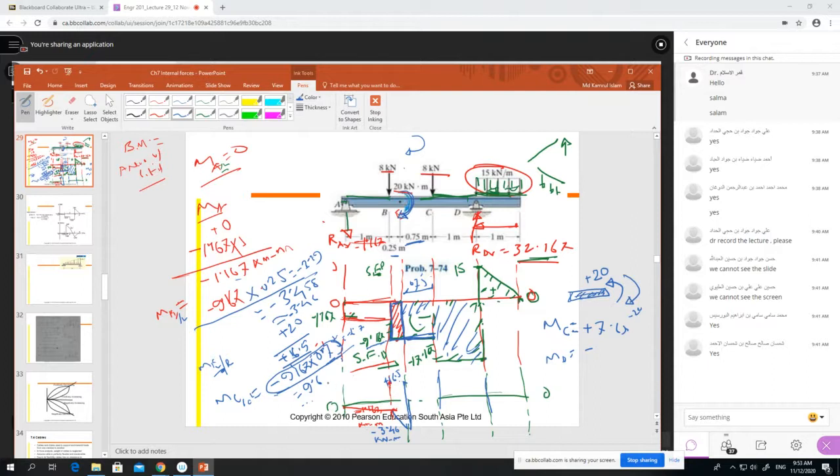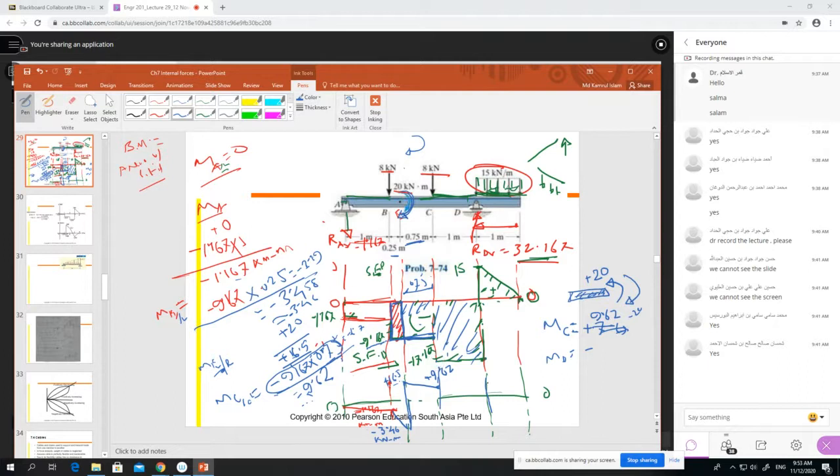I got 9.62 here, and the result is plus. So from here to here we will go. It is 16.5, and it is 9.62. Then here is 9.62. Then we are here now.